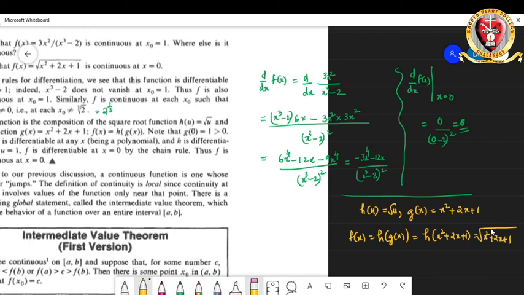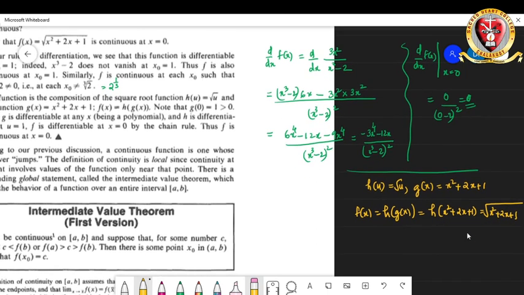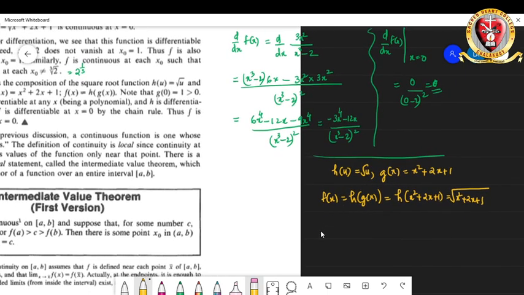So you have kept that, and then you have to find the derivative. Here also we are finding the derivative. Derivative of f of x will be nothing but the derivative of h of g of x, which is by chain rule h dash of g of x into g dash of x, right?